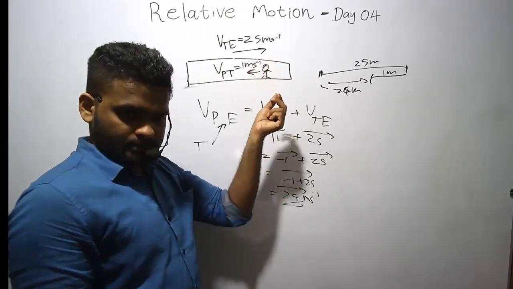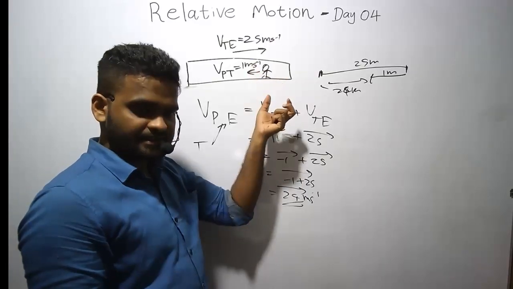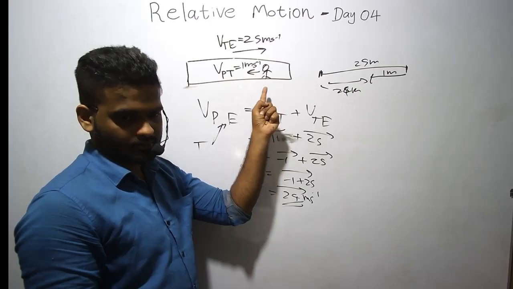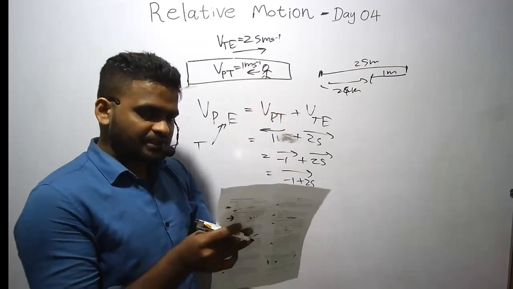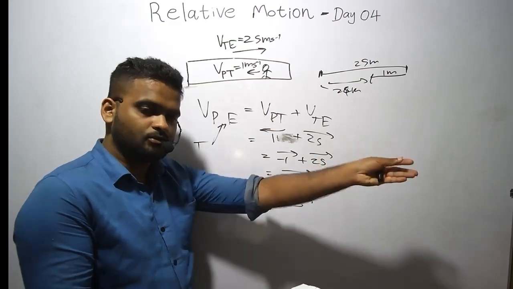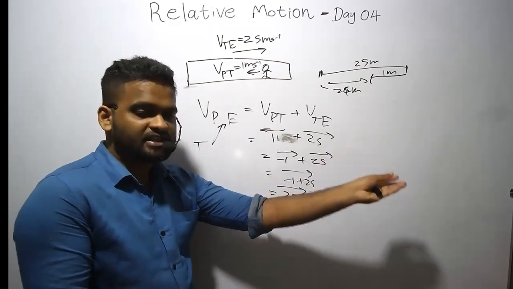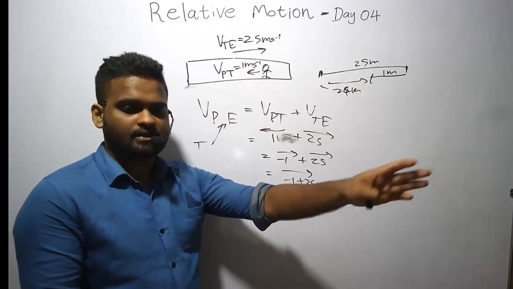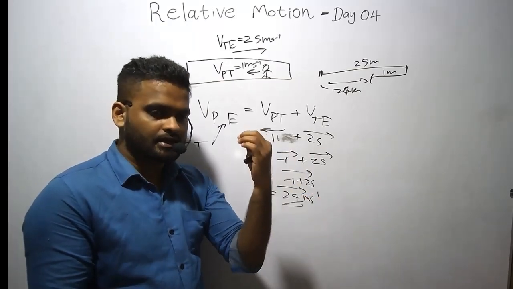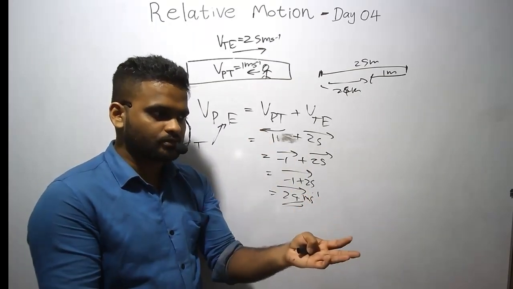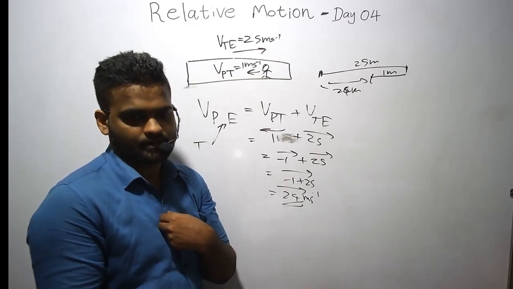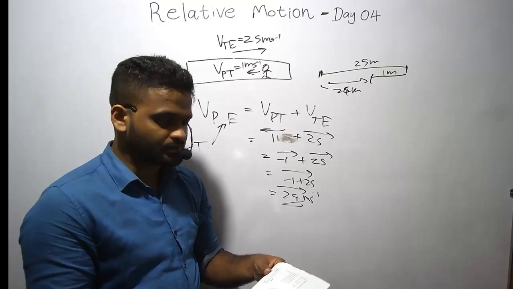Someone on the ground sees the passenger do 24 meters. So depending on where you are observing the motion of the object, you see different values. These velocities and displacements are relative to the observer. It is always relative to the observer.